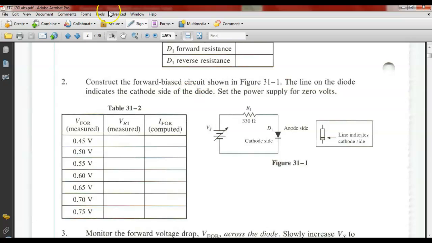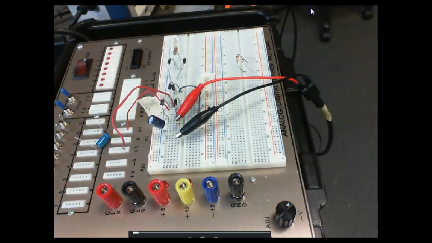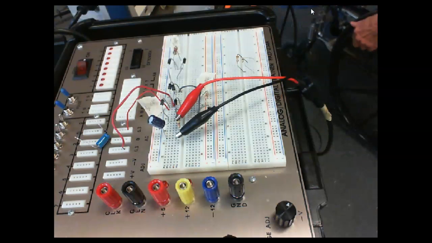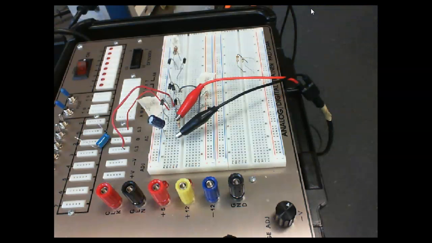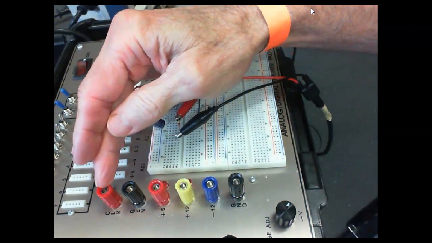So on the trainer, we have two voltage sources available to us. So we have some fixed voltage sources. These are done by fixed regulators. And like I said, we'll take one of these trainers apart and let you look at all the power supplies. These are fixed.